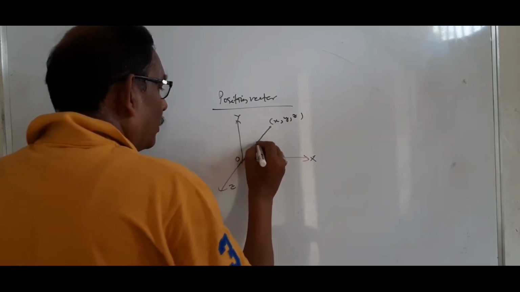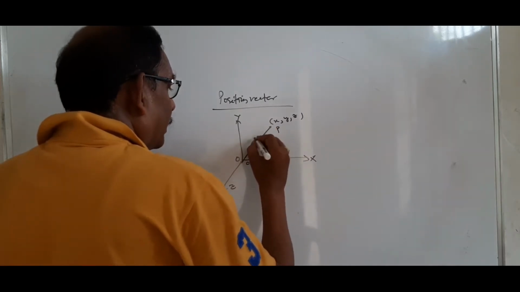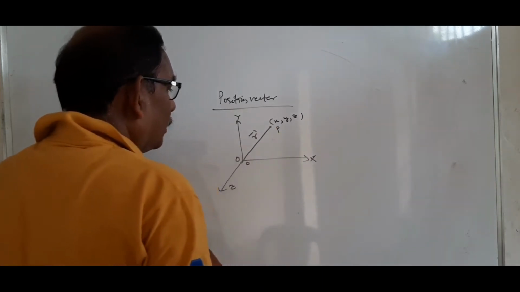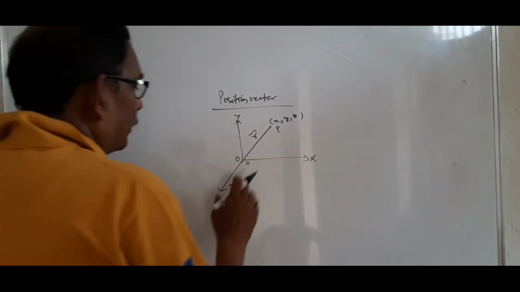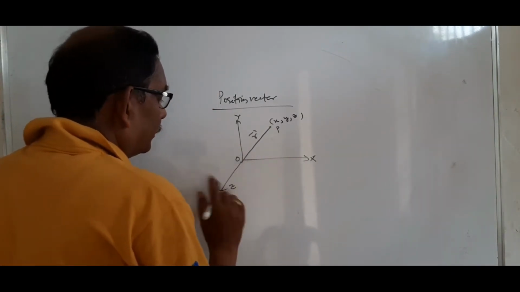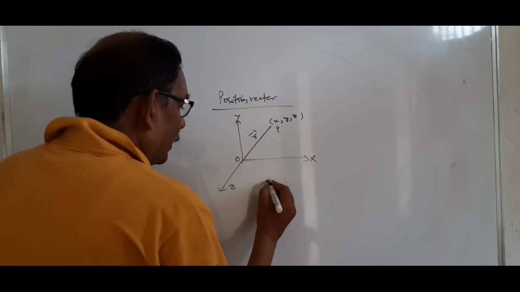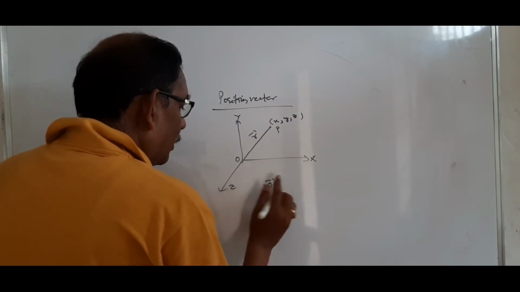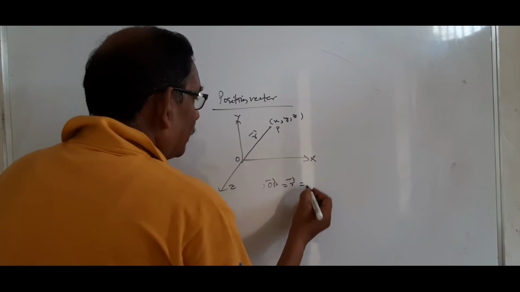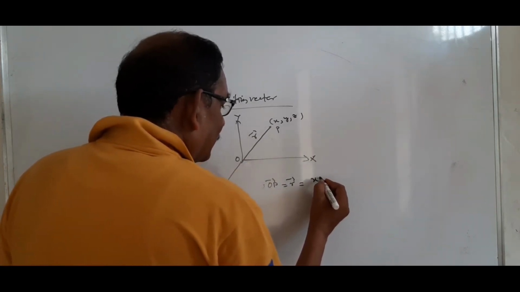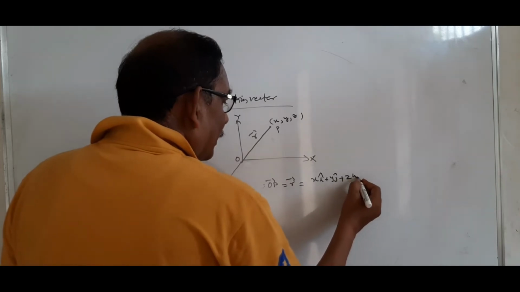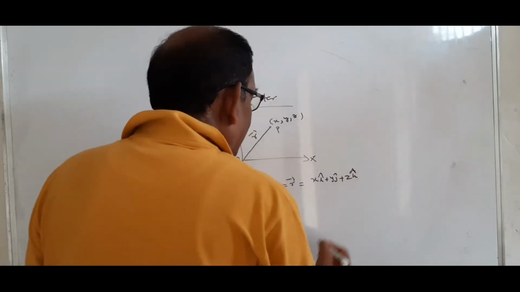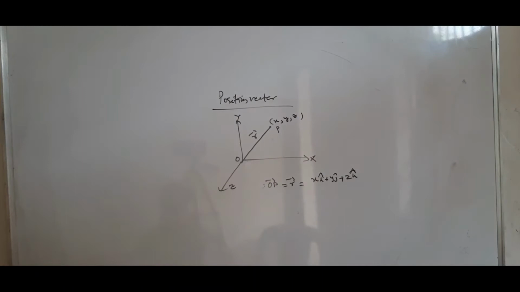It is O, it is point P. You take this as R. So how will you represent this point from the origin? OP. This is your R. So x I cap, y J cap, and z K cap. In this way, you have to represent your position vector.